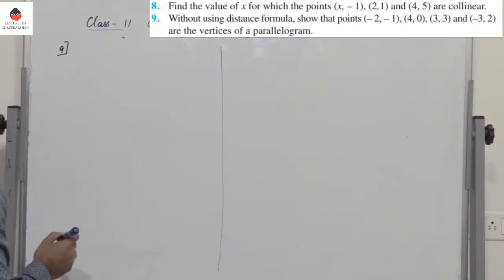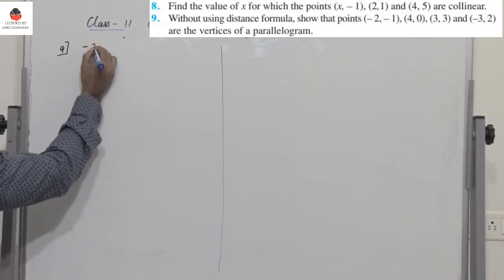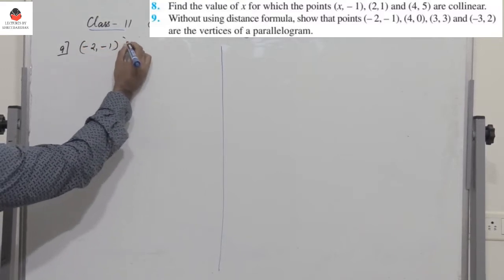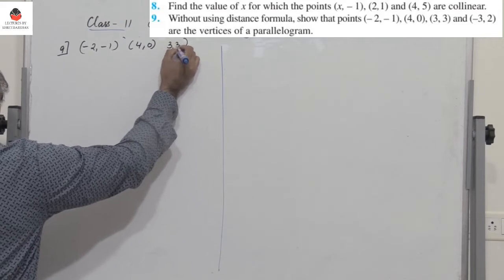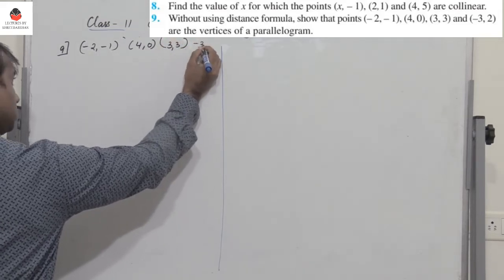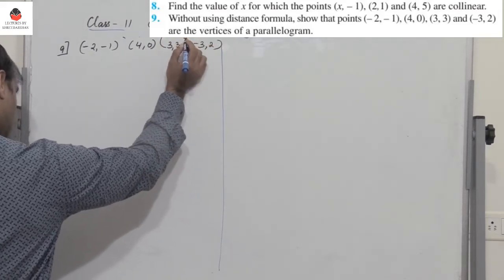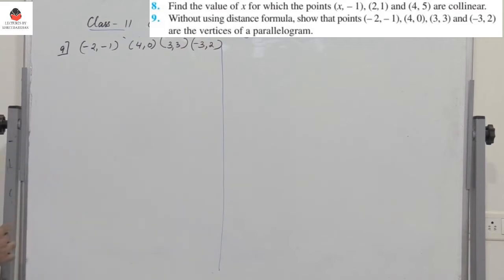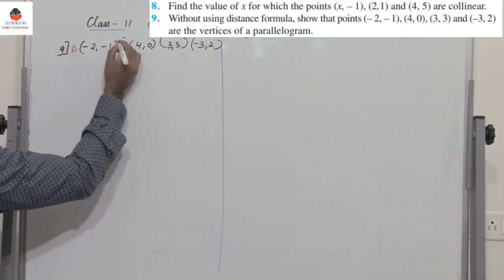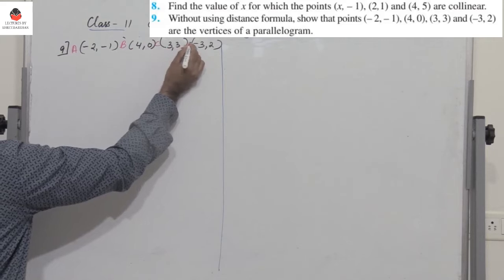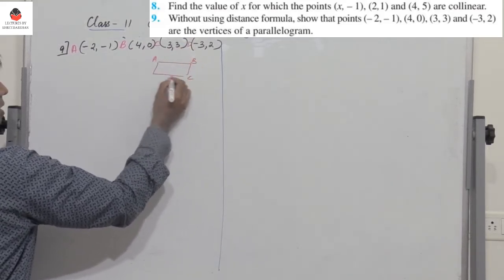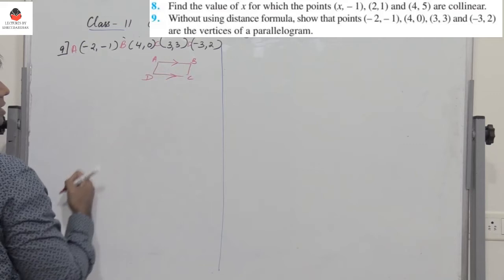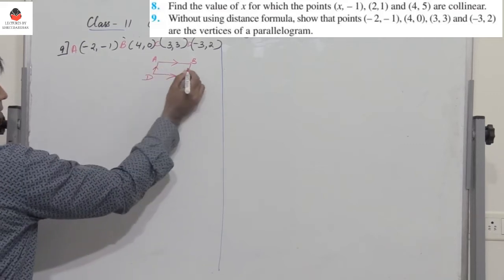Question 9. Without using the distance formula, show that the points minus 2 comma minus 1, 4 comma 0, 3 comma 3 and minus 3 comma 2 are the vertices of a parallelogram. So let's assume that this is A, B, C and D. So I have a parallelogram A, B, C, D. We know that the opposite sides are parallel and equal, right?